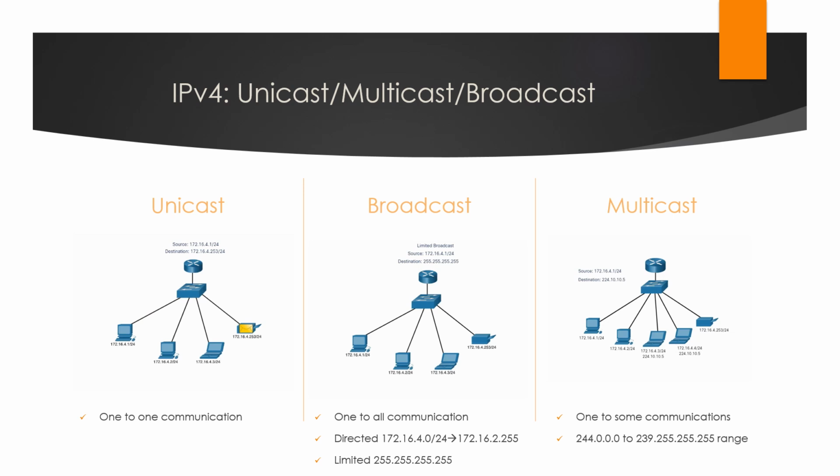A limited broadcast is sent where all the bits in the 4 octets are all 1. By default, routers do not forward the broadcast. The animation shows a limited broadcast transmission.